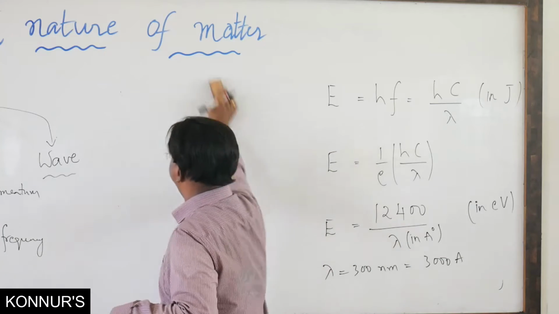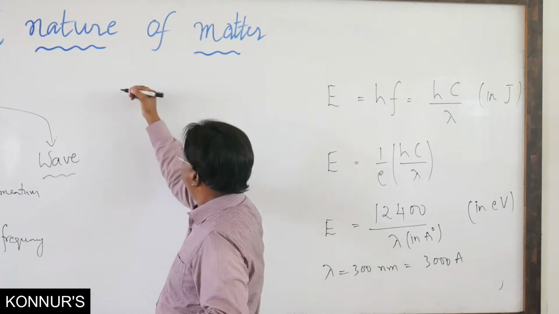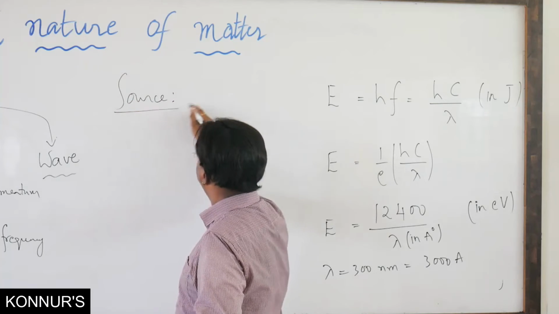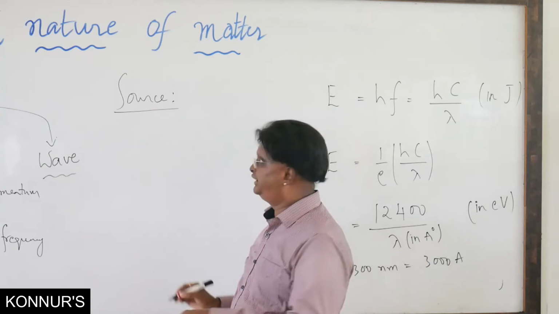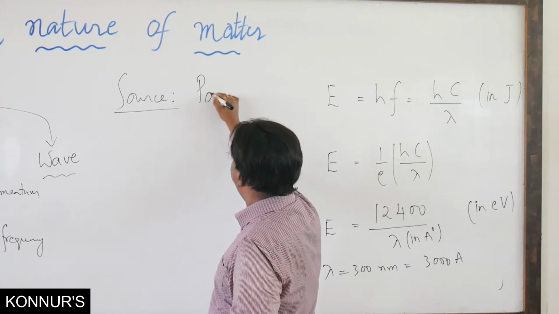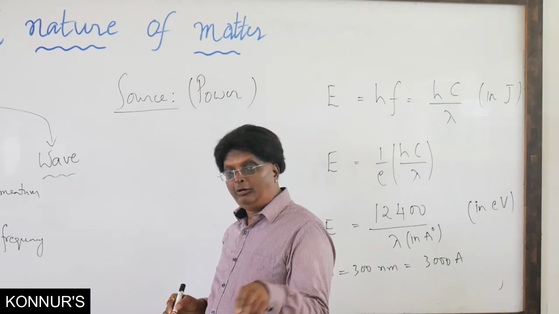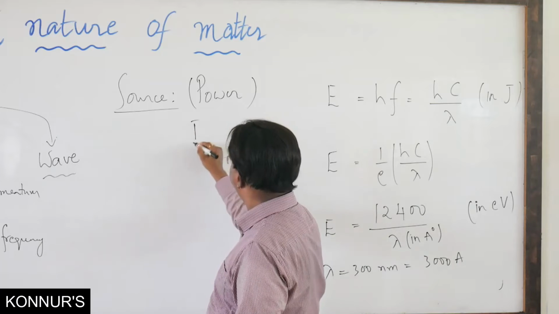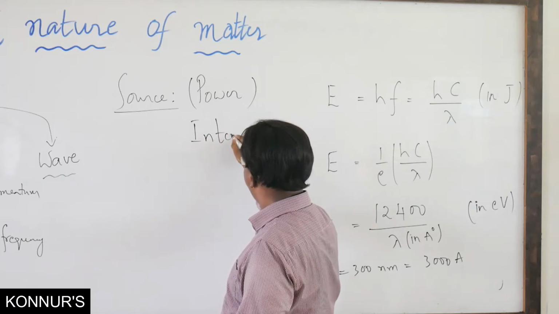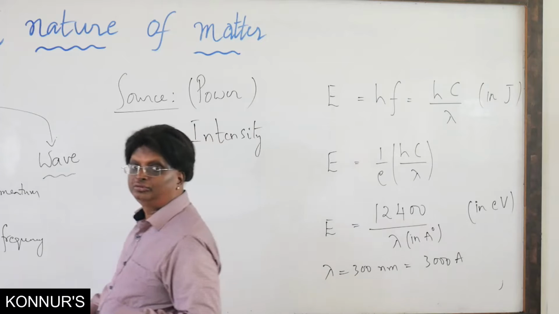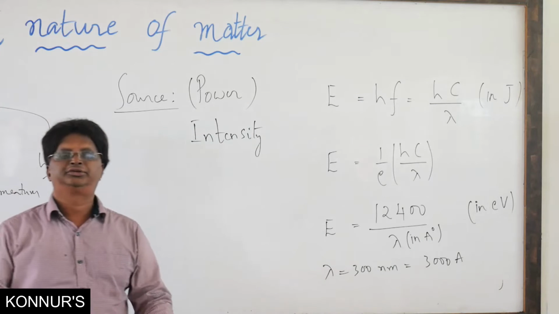First one is, suppose I have a source of radiation, and power is given, the power of the source, or sometimes another familiar term is the intensity of the source.